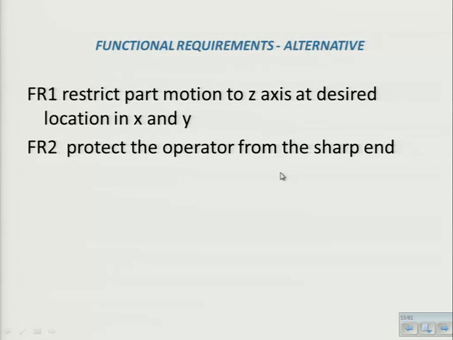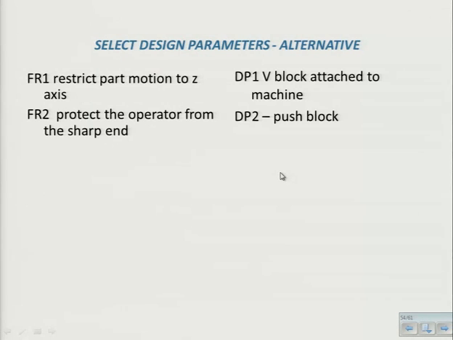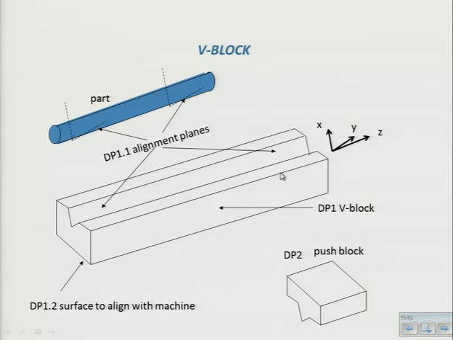So anyway, there's an alternative set, and what it comes down to is still a V block and a push block. And so here's what the design looks like. There's the part, here's the V block, and there's a little push block.